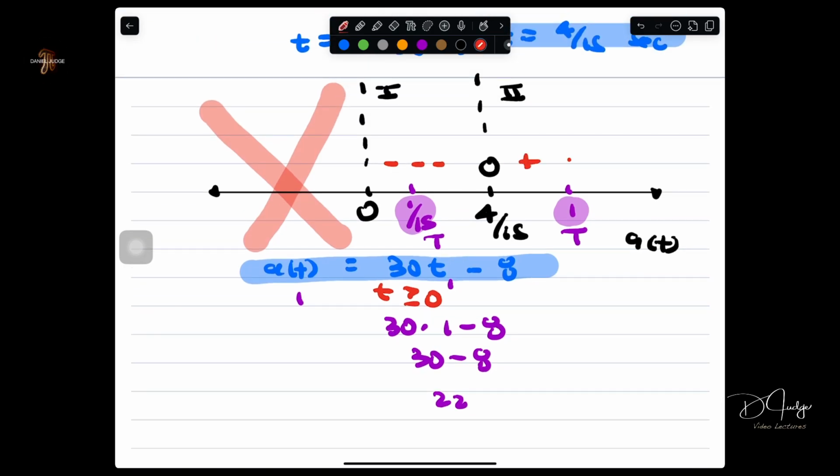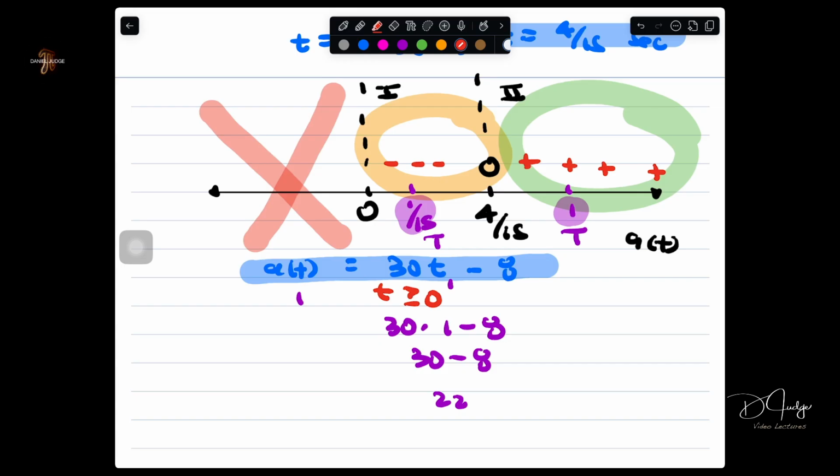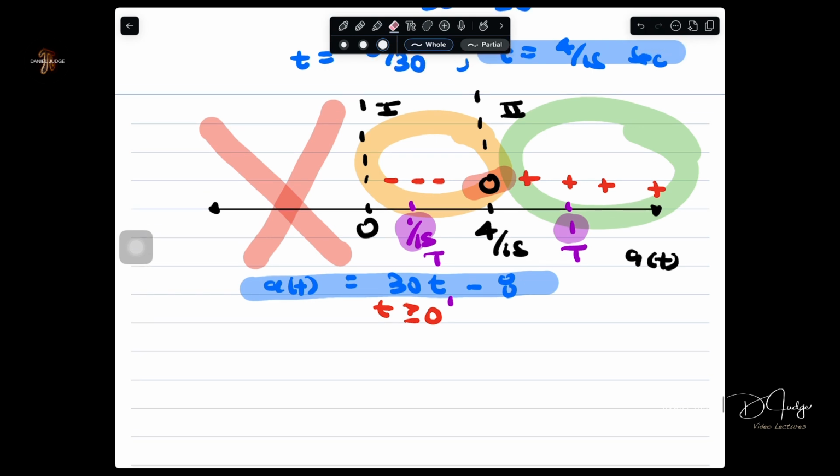Region 2 is positive for acceleration. So we're being pulled to the right in region 2, and we're being pulled to the left in region 1. There is no pull when t is 4/15. So, ladies and gentlemen, we're ready to formally answer our push and pull, really acceleration, questions.